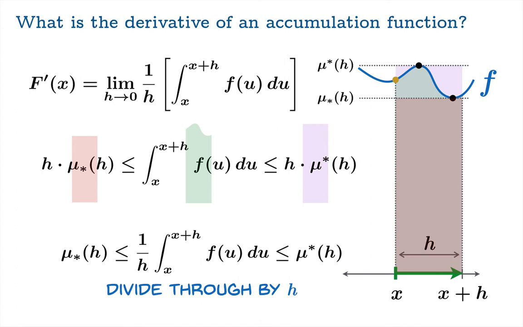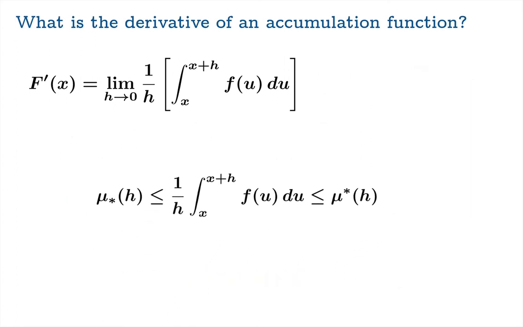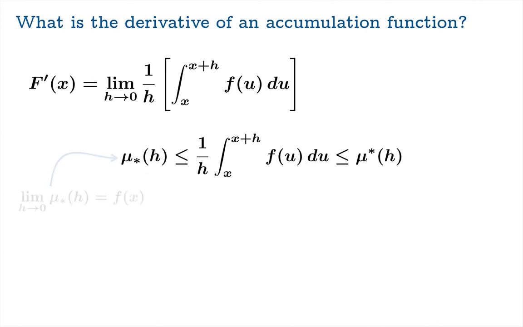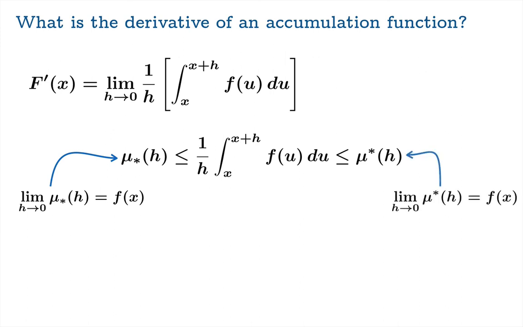And so what we have here is an inequality. 1 over h times the integral from x to x plus h is trapped between mu lower star of h and mu upper star of h. Well, a moment ago, we noticed that the limit of mu lower star of h is f of x, and the limit of mu upper star of h is f of x as well.